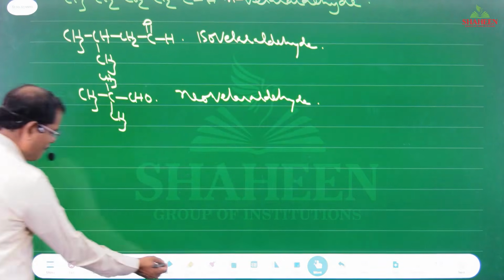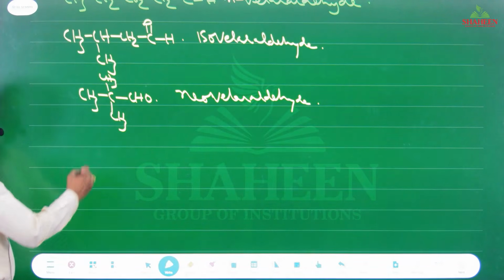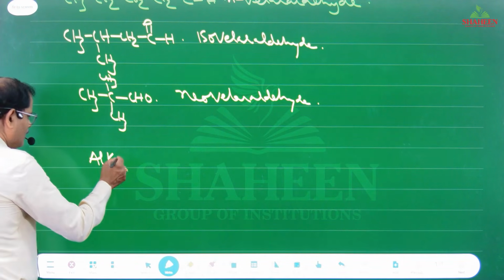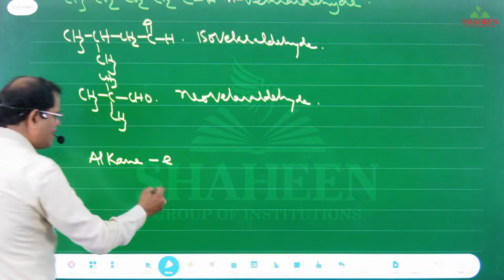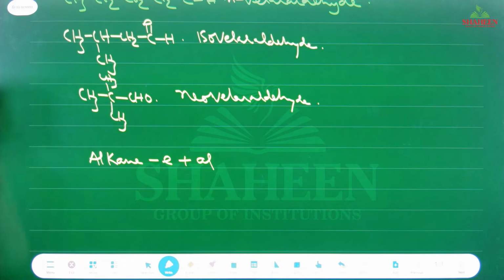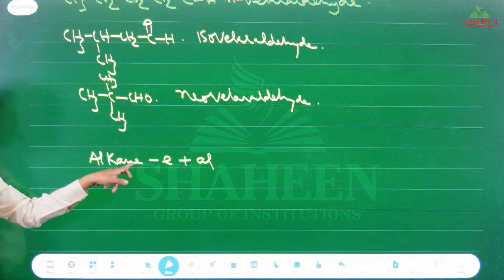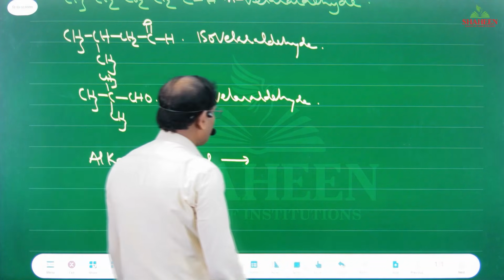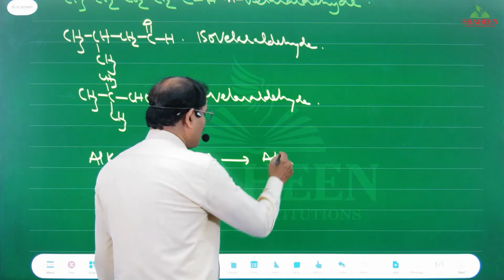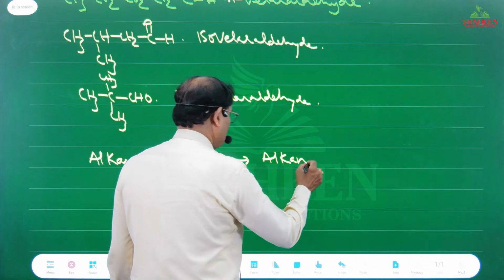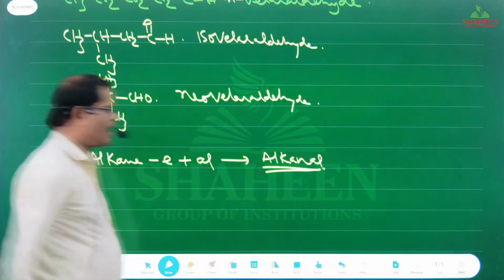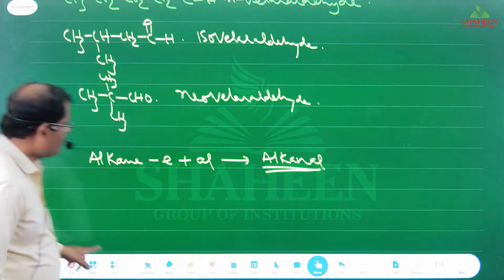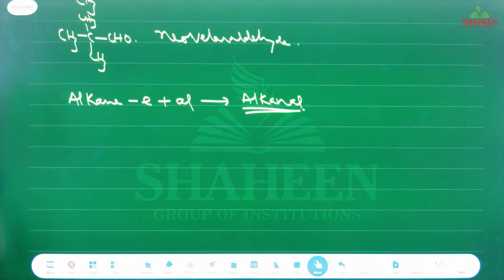In the IUPAC method, we write the alkane minus e plus al. By removal of e from the alkane and addition of al, we can give the IUPAC name as alkanal. They are treated as alkanals. Methane becomes methanal.